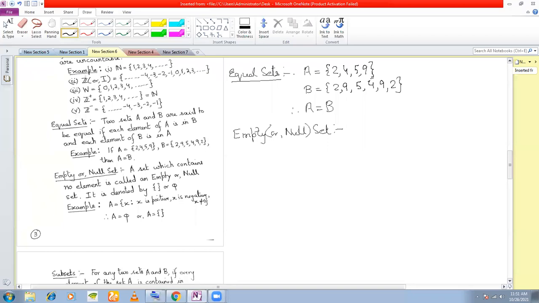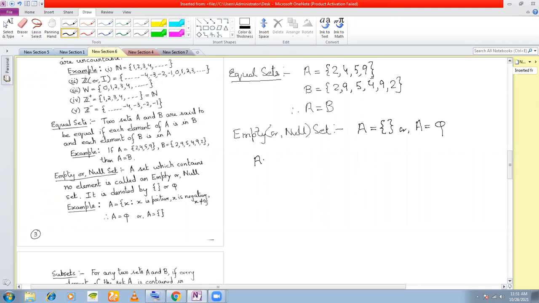It is denoted by, suppose A is a null set, then you write this as A is equal to this, or mostly we write this as A is equal to this symbol. If A is equal to this, then we say that A is a null set. And I have given an example also there.